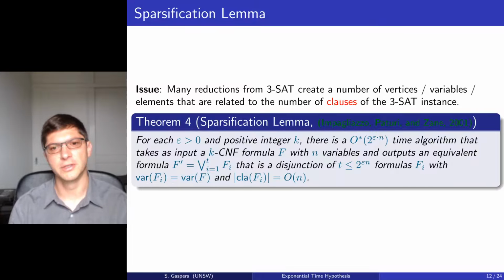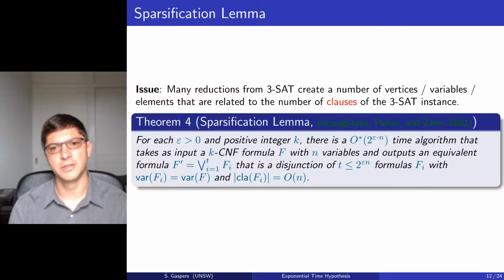Okay, so now let's say that A and B are two parameterized problems, f and g are two non-decreasing functions, and suppose there exists a polynomial time reduction from A to B, and let's say the parameter of the instance of A is k, and the parameter of the constructed instance of B is at most g of k.